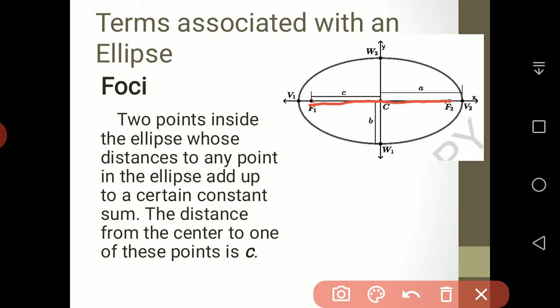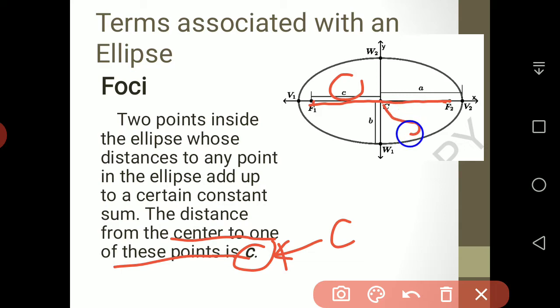So it means that these 3 points are collinear, and the distance from the center to one of these points is c. c here again is a very important distance. It also means that from the center to the other focus, that's again c.